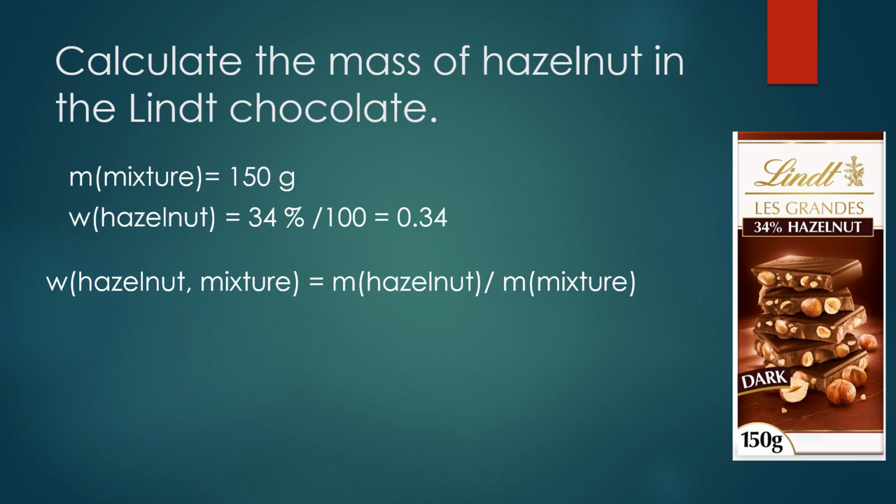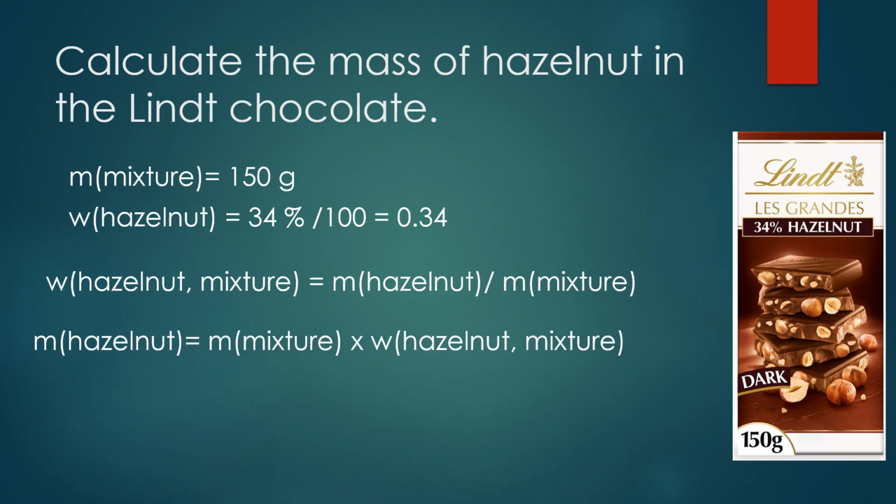But the problem is we have the mass of the mixture, we have the mass fraction, and we don't know the mass of the hazelnut. In this case, you know two things and one you need to calculate. The only thing that is kind of a problem, actually it's not if you know how to do it, is to rearrange the formula. So we need to calculate the mass of the hazelnut, meaning how will we rearrange the formula?